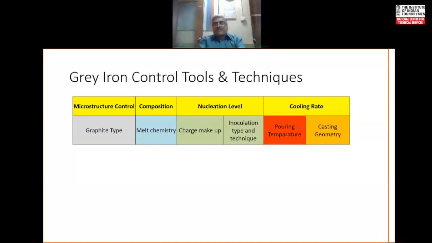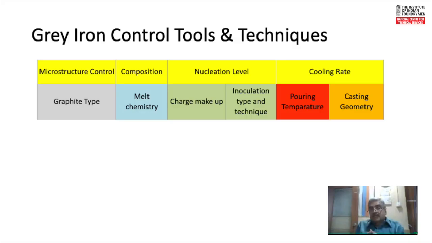The importance of charge makeup is, see, typically in gray iron, you would have a charge makeup which may contain some amount of pig iron, may or may not. Then foundry returns, steel scrap, various ferroalloys to make up for silicon, etc. And what proportion of these materials you will use and what is their history will decide what I call as base nucleation levels.